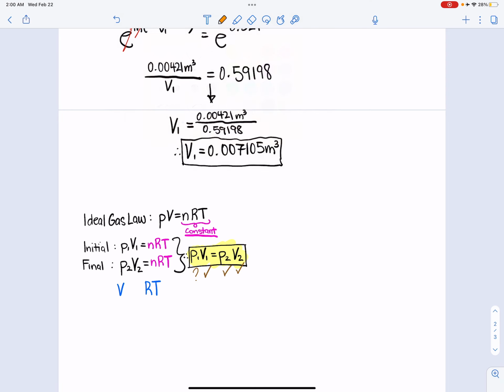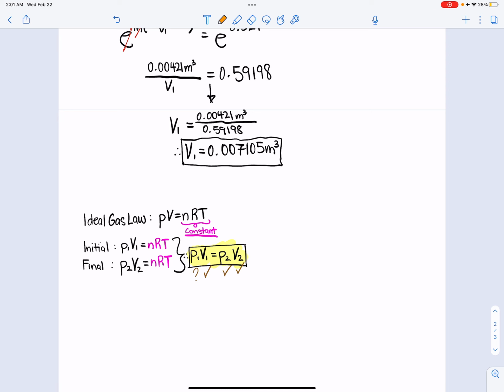So again, because nRT is constant, right? We have isotherm, so T is constant, R is constant, and n is constant. And looking at the initial and final states, if we have P1 V1 equals nRT, which is a constant, and P2 V2 equals nRT, which is also a constant, I will have, therefore, P1 V1 equals P2 V2.